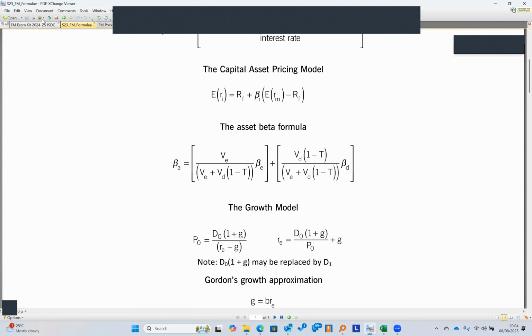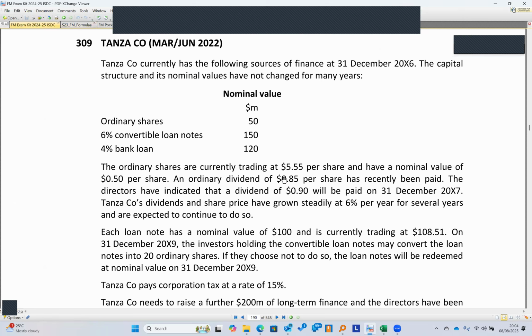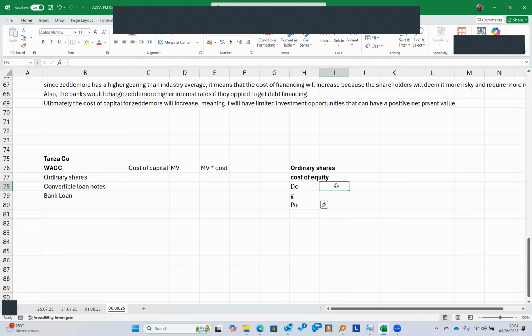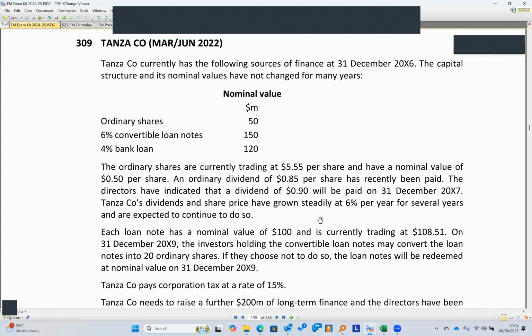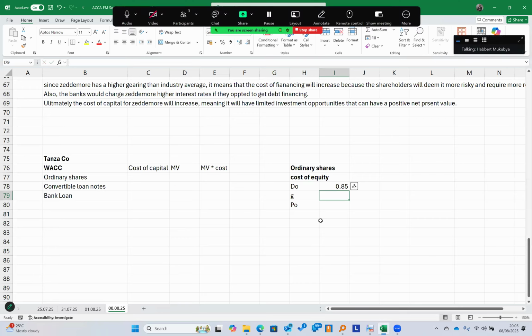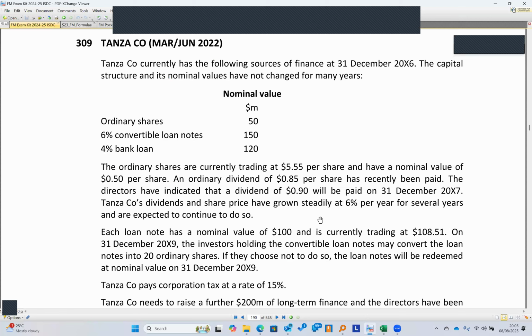Now, they gave us D naught, 0.85. Then they gave us G, which is 6%. Then the share price is 5.55. And you need to know whether this is before or after dividend, but the dividend has just been paid. So this is ex-div.